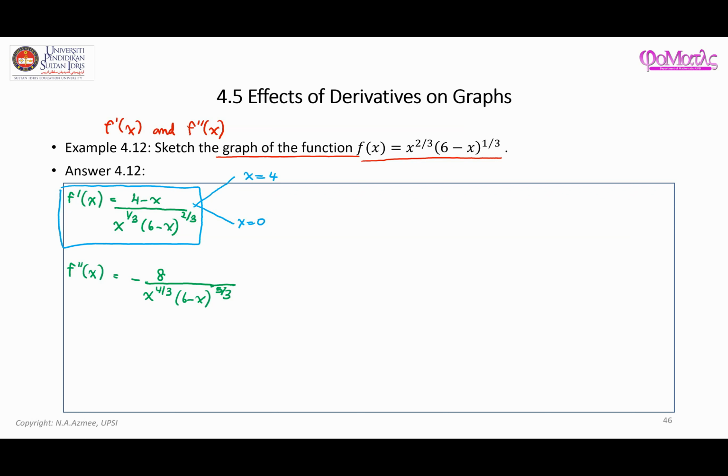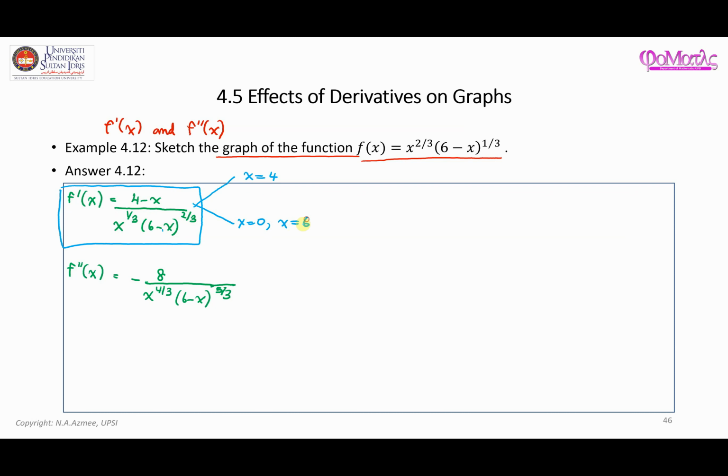And this function also will not exist if x is equal to 6, because then 6 minus 6 is 0, so the whole denominator is going to be 0, and so the function does not exist.